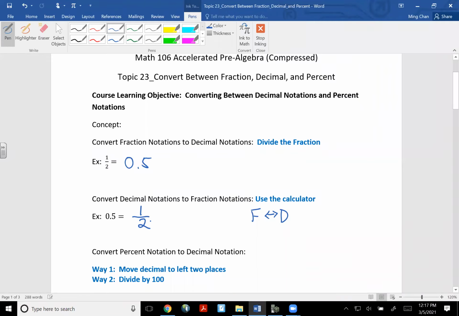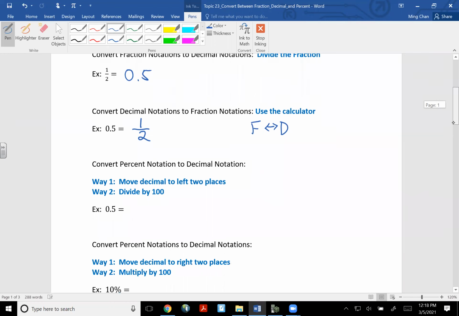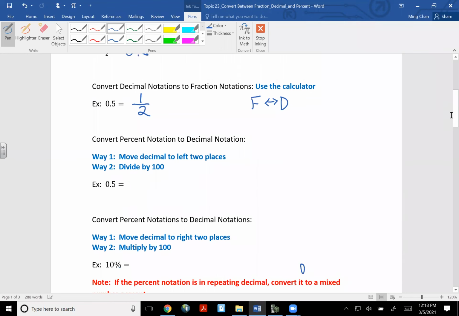It's always easier to use the calculator to convert a decimal back into a fraction. Remember, with repeating decimals, you cannot simply read the decimal and convert it into a fraction because the decimal places never end. So sometimes you still need to know how to use your calculator to convert back into a fraction.